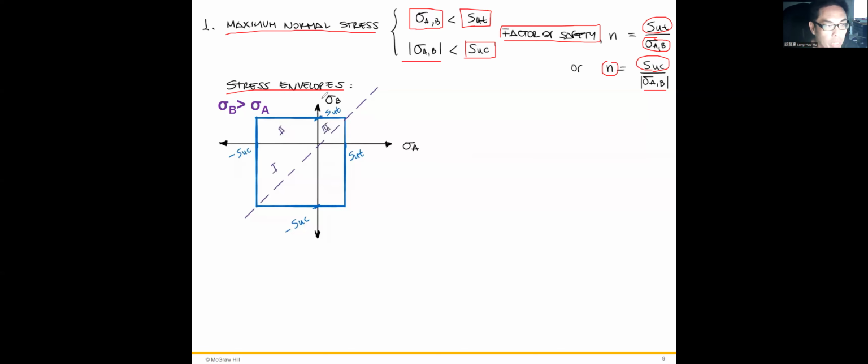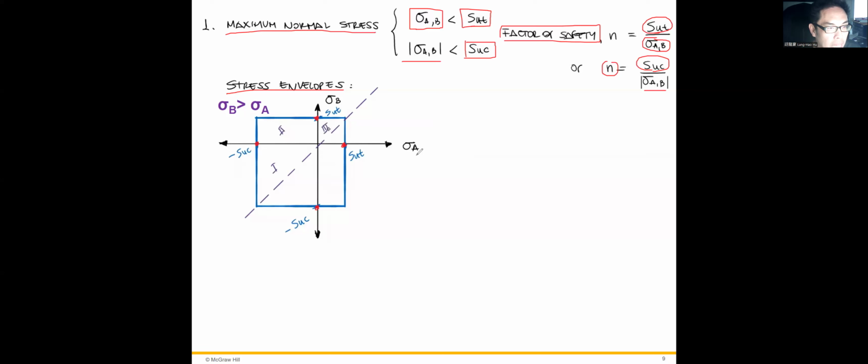First we find the ultimate tensile stress for the specific material; we just check the table or you can Google it. And the ultimate compressive stress. Then we get 4 points, and we can draw a square.